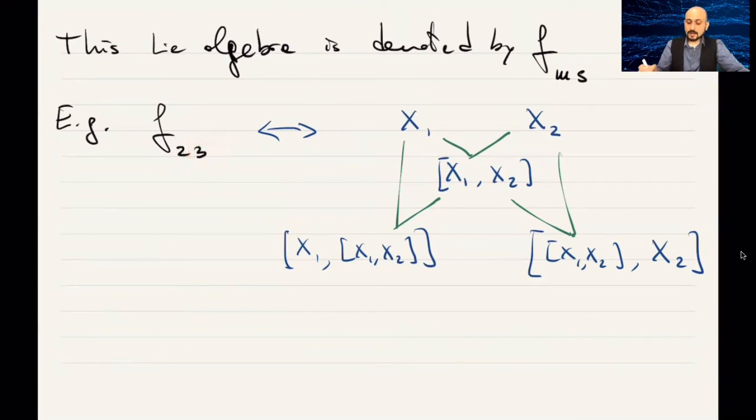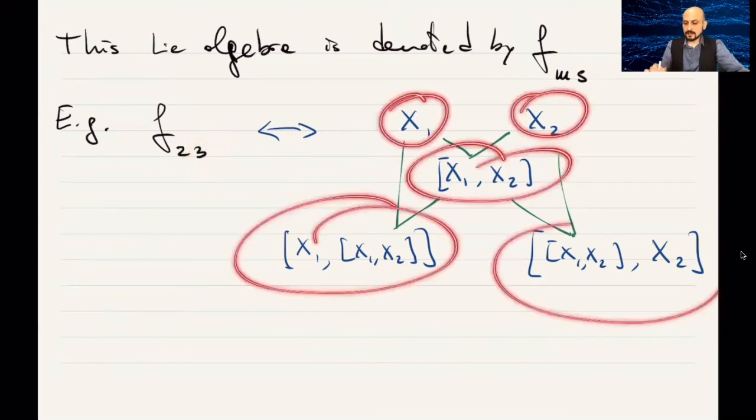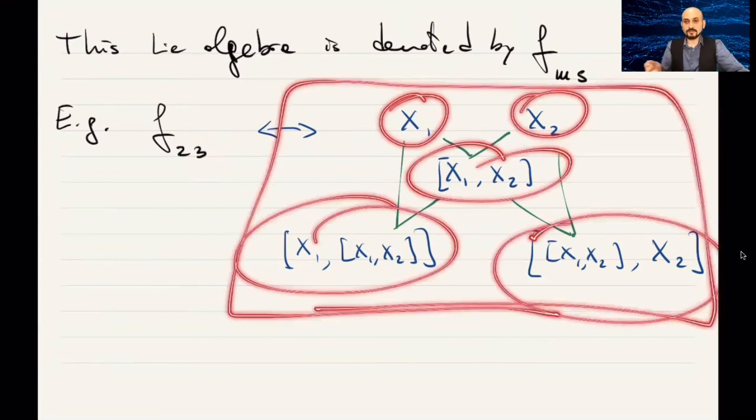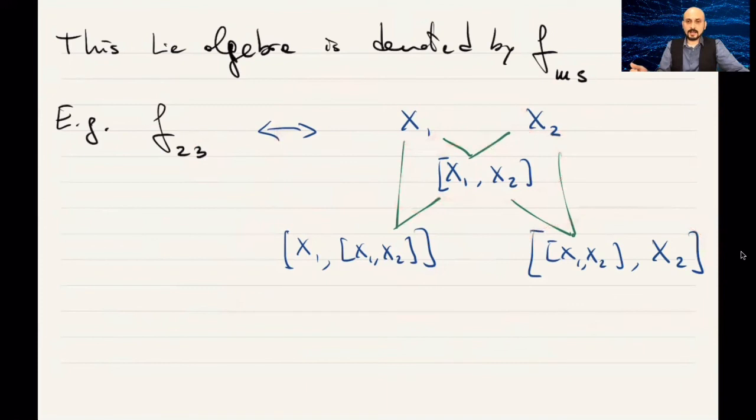So now the 5-dimensional Lie algebra, or vector space, generated by these 5 vectors defines a Lie algebra. This is F_{2,3}. Now, if the rank, the dimension of V1, is larger, then one should also remove some vectors according to Jacobi.